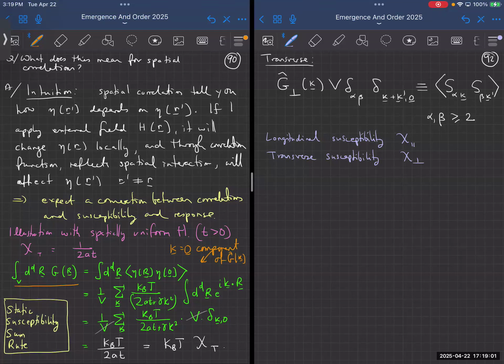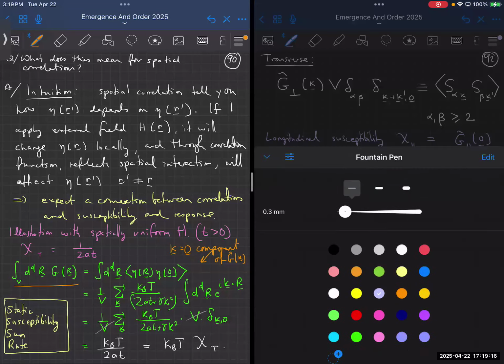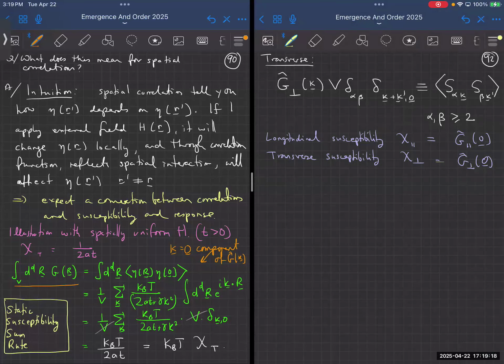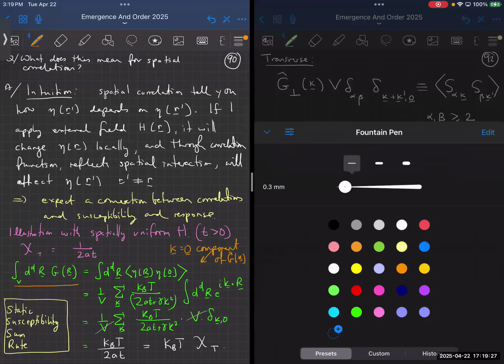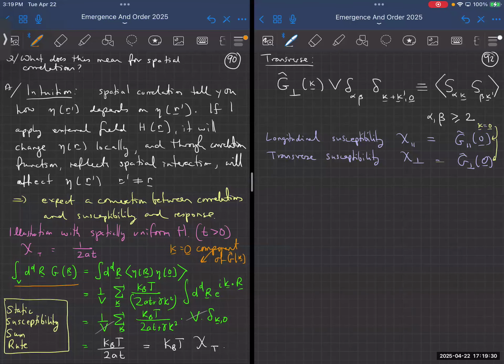So you might expect that these things over here are also going to be related to the perpendicular components. And the variable that is 0 here is k equals 0. So we're going to expect something like this. Okay. All right. So that's what we expect.